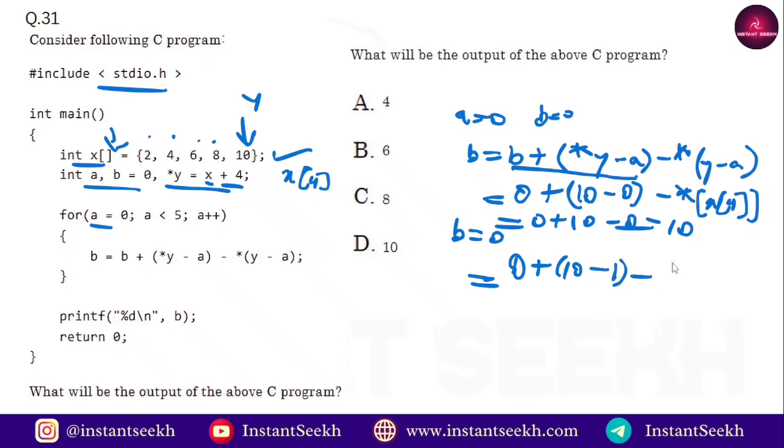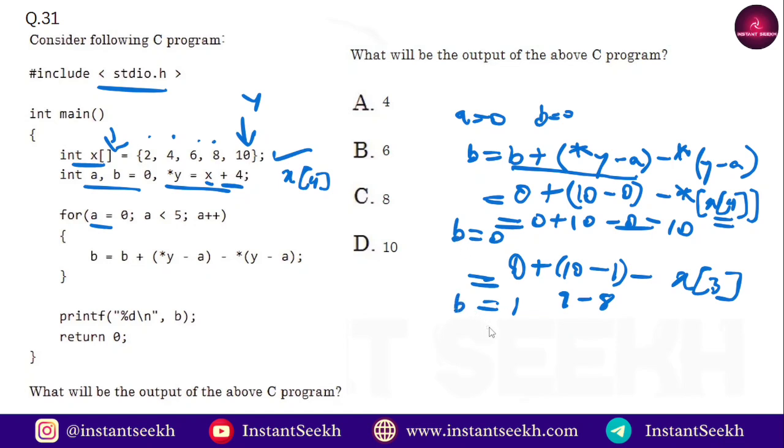Minus asterisk, now x4 it was, now it will reference what? X of 3. So what is your X of 3 now? Your X of 3 is 8. So 10 minus 1 is 9, 9 minus 8 is 1. Now B gets added up, so B is equal to B plus 1.